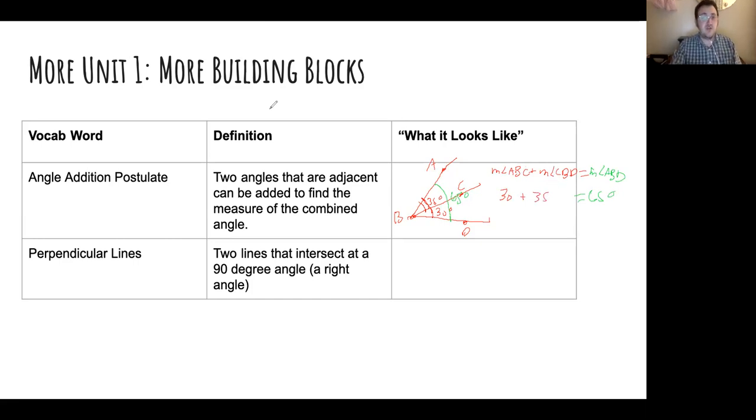And then the last one that we have here are perpendicular lines. So anytime we have the mentioning of a perpendicular, that creates a 90-degree angle. And if you see this symbol in your proofs today or this week, this means perpendicular to.